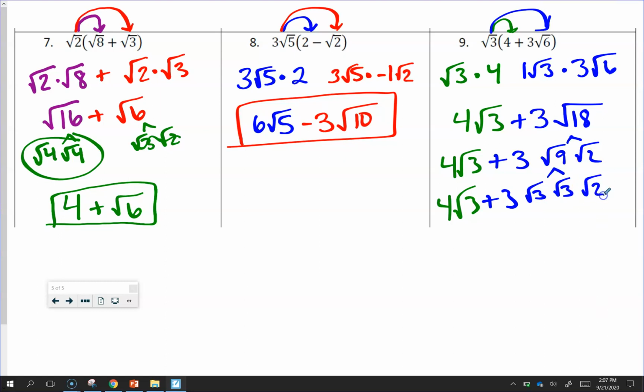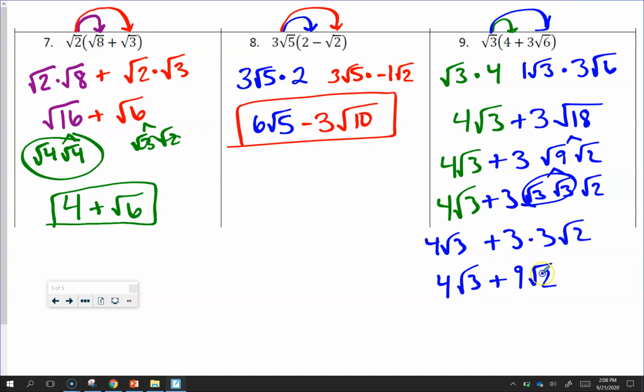We still have square root 2. Mama's rule, we have a partnership. They get to leave the house. So this becomes 3 times 3 square root 2. And since over here we had 4 square root 3, I cannot add these together because I have a square root of 3 and a square root of 2. So we're going to leave our answer as 4 square root 3 plus 9 square root 2.